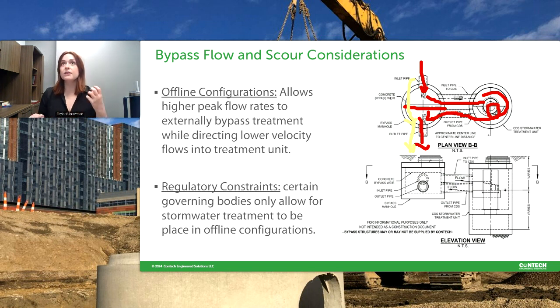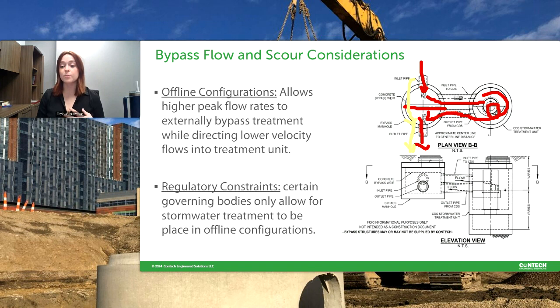It's utilized to make sure that you have your water treated on site, as well as making sure that those internals aren't damaged during those peak flow events, because there's been some that I've seen that are massive. I think I saw one that was like 200 CFS once, which was probably one of the biggest that I've seen. But it's also utilized when you have regulatory agencies or municipalities that require your units to be offline.